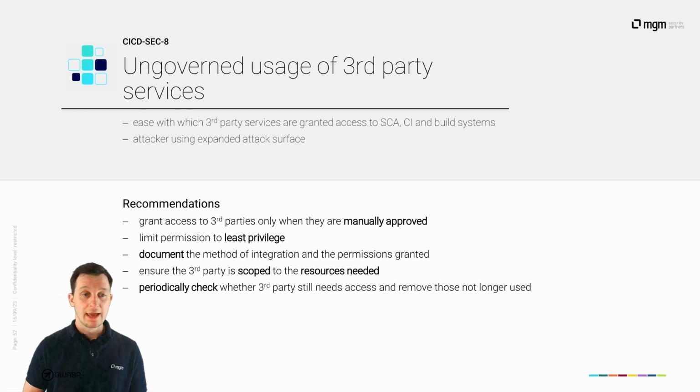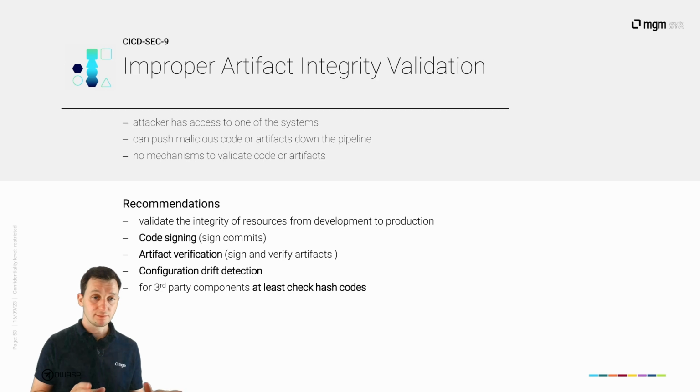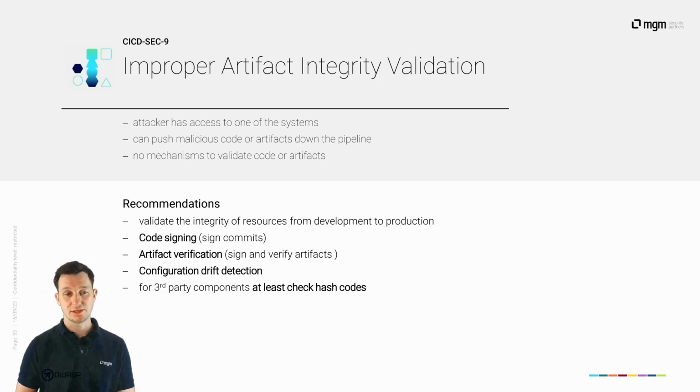Okay. Another thing where we could sum this attack up is the improper artifact integrity validation. The idea behind this is that an attacker has access to one of the systems in our CI/CD environment and can push malicious code or artifacts or Docker containers down the pipeline, and there are no mechanisms in place that validate this code or artifact or Docker container.